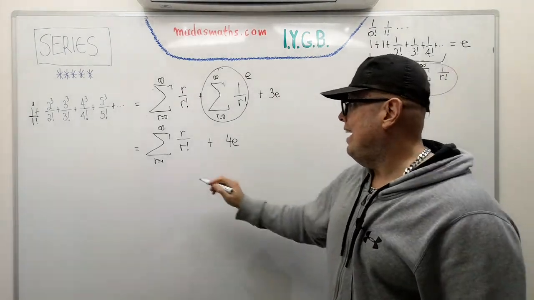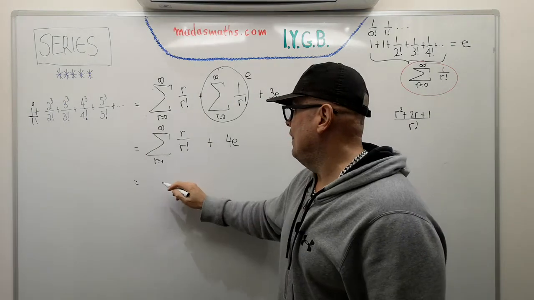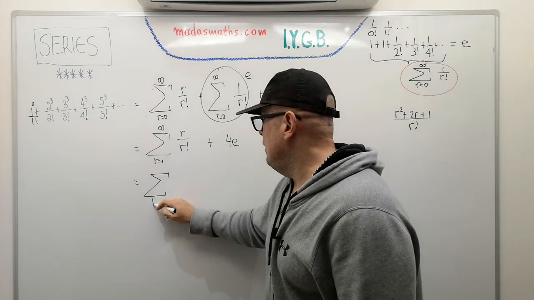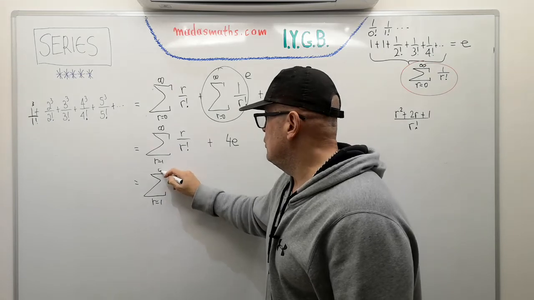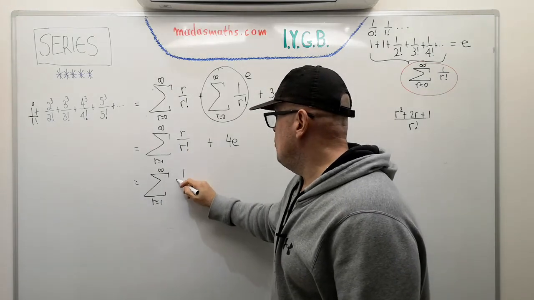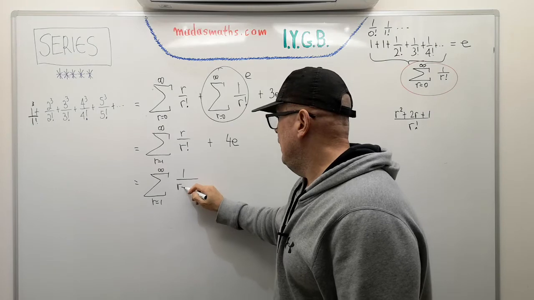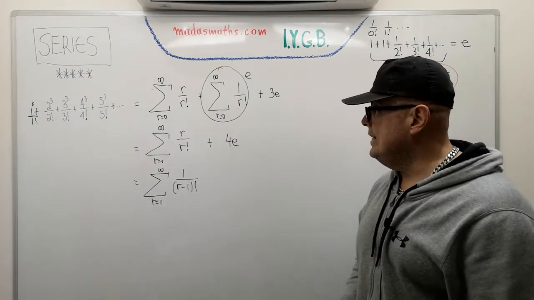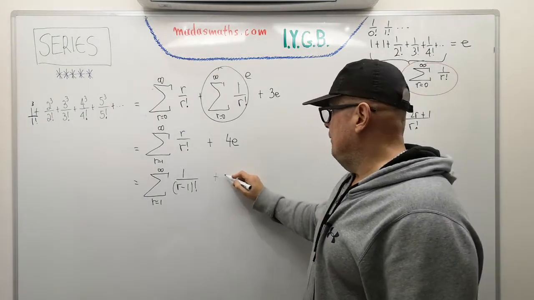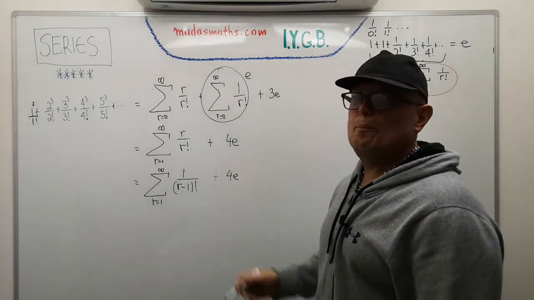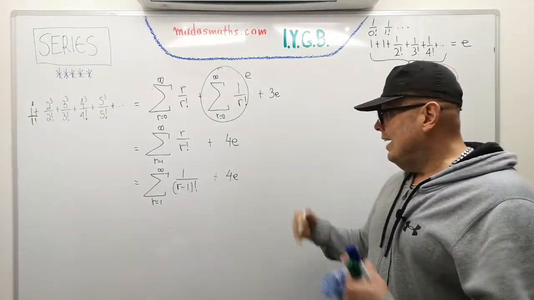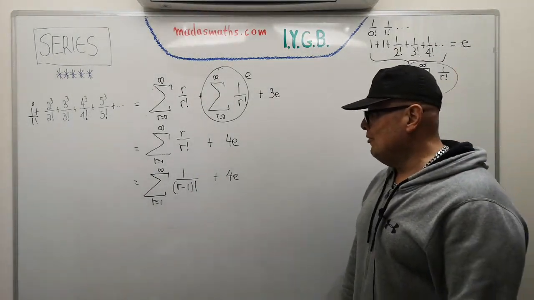What do I do next in there? Well, quite clearly, I'm going to cancel one of the r's. So r from the top and from the bottom, r is equal to 1 to infinity. It's going to give me 1 over r minus 1 factorial, cancelling again the leading term of the factorial, plus 4e. I think we've done this, and I wish my board was big enough to actually see that this particular quantity, what it is, rather than redoing it every time for the obvious.